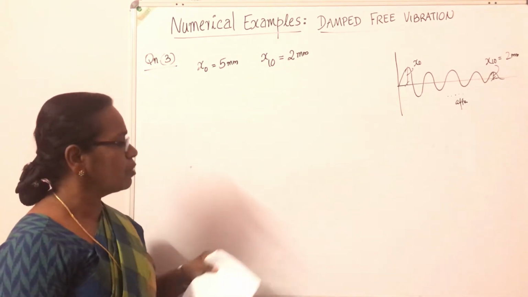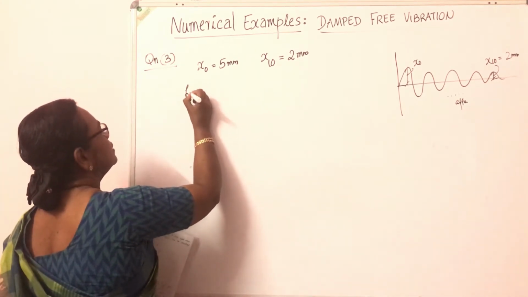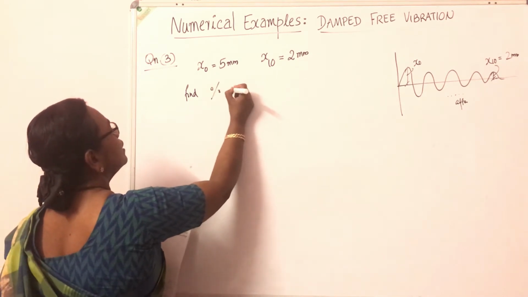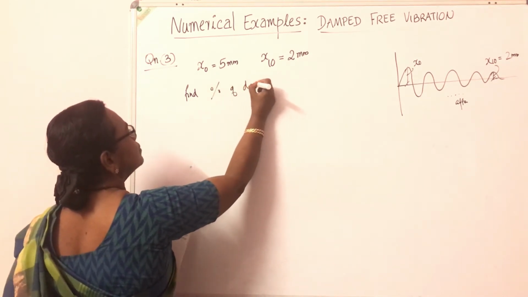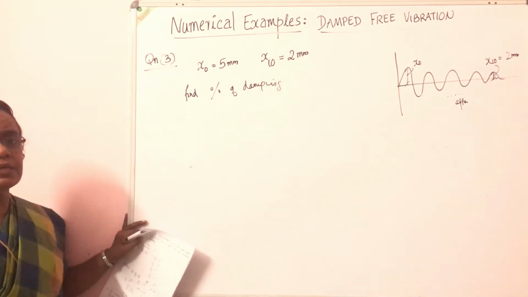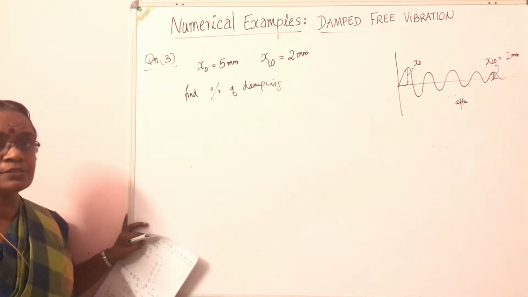You are asked to find the percentage of critical damping. What is the damping ratio? If we can find that, we can say what is the percentage of damping present in the system.